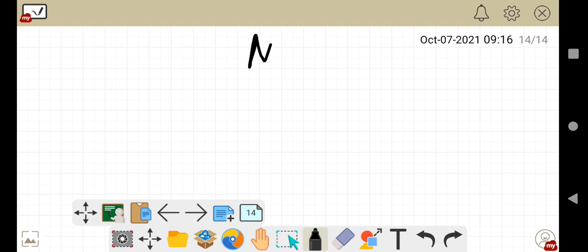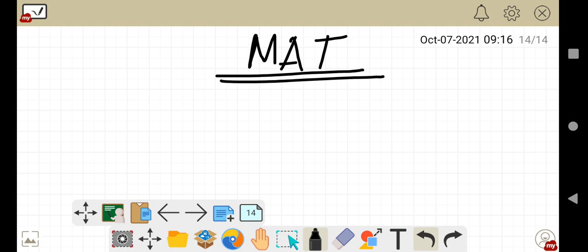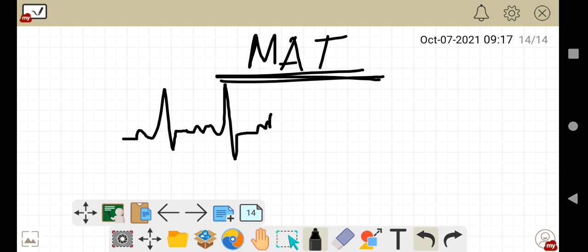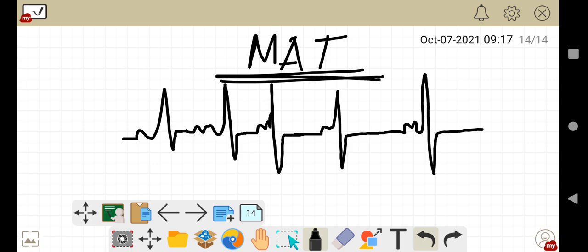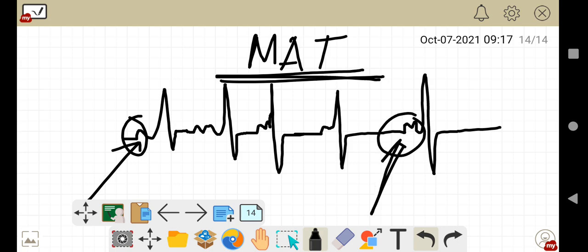Next, I will talk about MAT, or multifocal atrial tachycardia. In this pattern, in the entire ECG curve, you can see this is one type of P wave, this is another type of P wave, and this is yet another type of P wave.